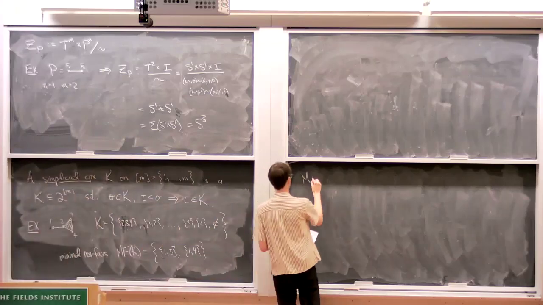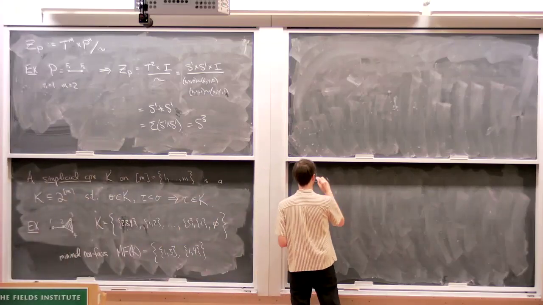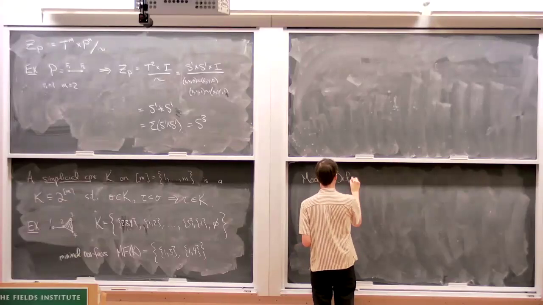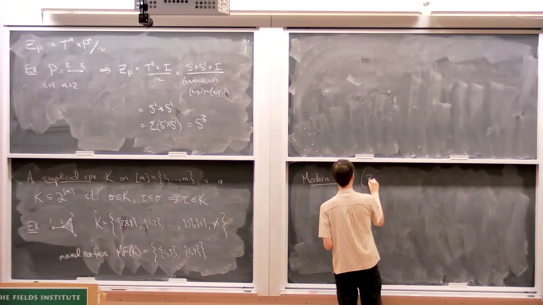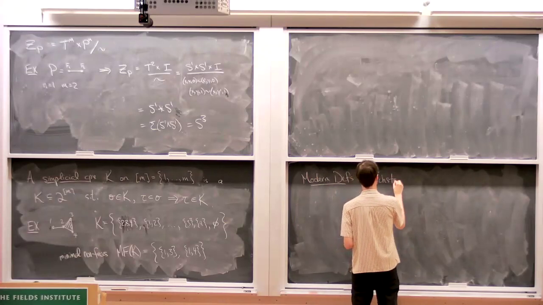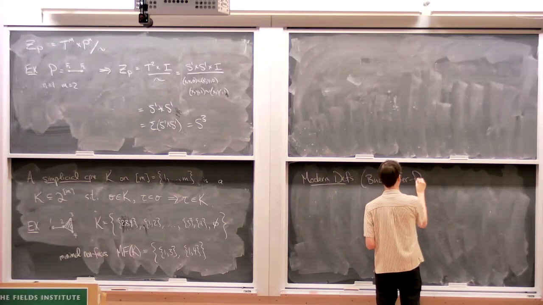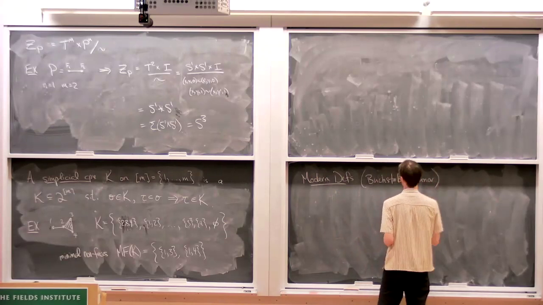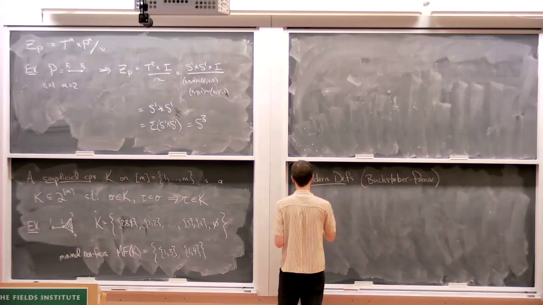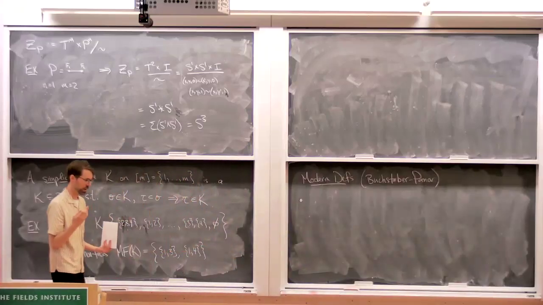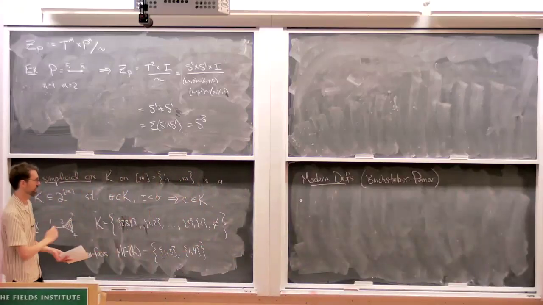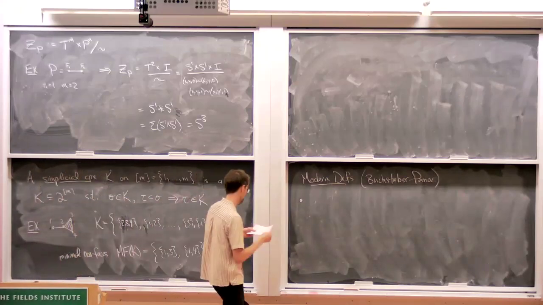Okay, so now the modern definition, starting with the definition of a moment angle complex. So this is following Buchstaber and Panov. The most important thing is a moment angle manifold, and then there are two auxiliary definitions I went over very quickly before.